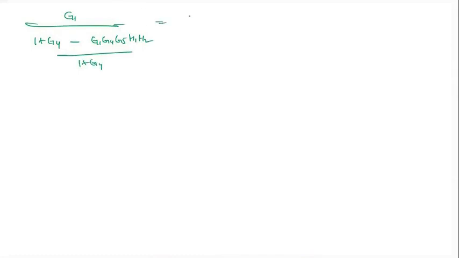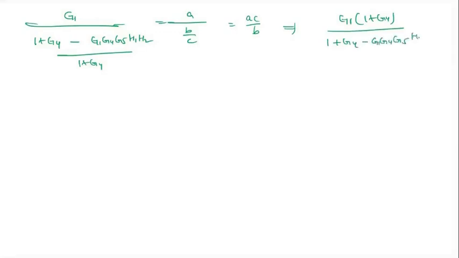So this looks like A by B by C, which may be written as A, C by B. Based on that, G1 into 1 plus G4 by 1 plus G4 minus G1, G4, G5, H1, H2.